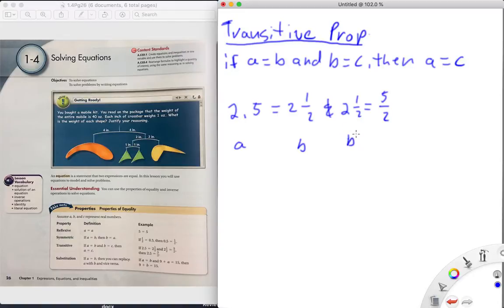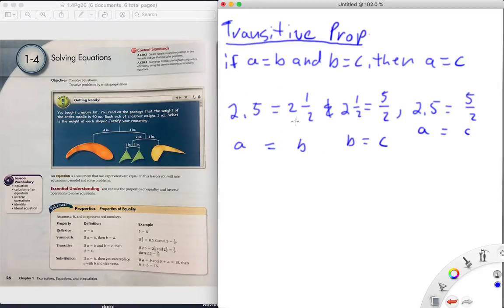So this is my B, and this is my C, right? So A is equal to B, B is equal to C. Then I can say that 2.5 is equal to 5/2. A is equal to C.